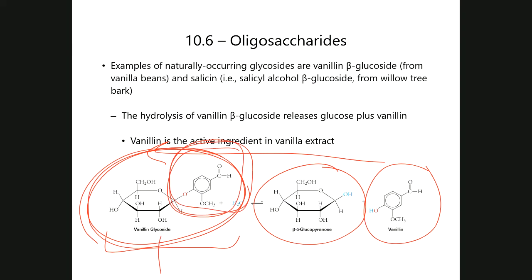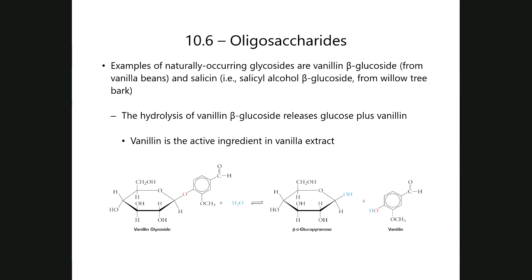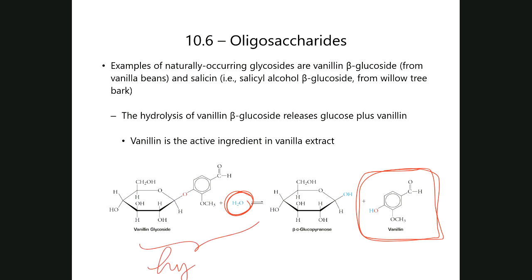When we harvest the vanilla beans and utilize them in our foodstuffs, it turns out that the active ingredient that gives vanilla extract its flavor is this compound that is hydrolyzed. Anything that involves breaking something into pieces by the actions of water is called a hydrolysis reaction. Lysis is breakage, hydro by means of water.